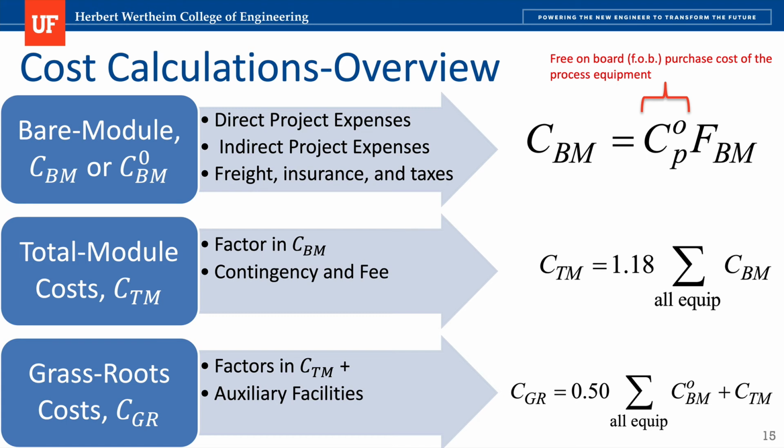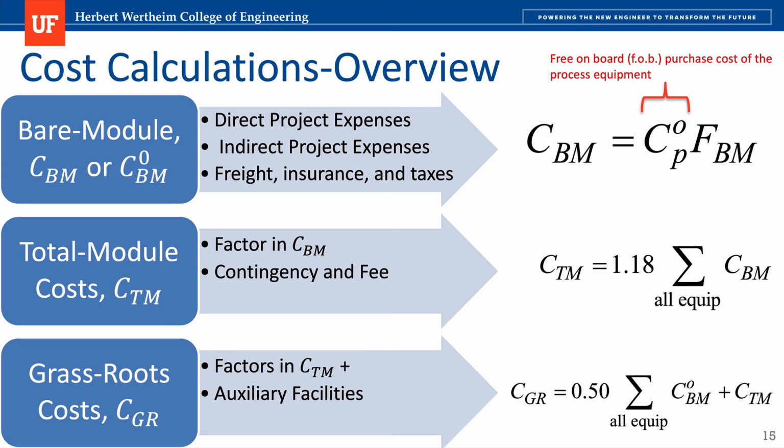Then once we calculate that, we have to decide: is the plant that we're building part of a complex facility that we already have in place, or is it something that we need to design from scratch, including the ancillary facilities? Depending on the answer, we're going to need to calculate the total module cost or the grassroots cost.